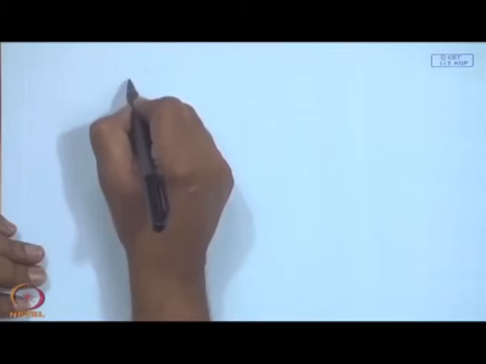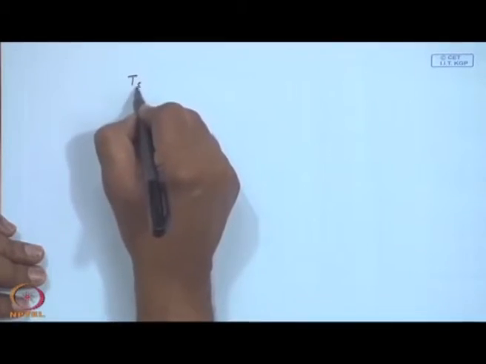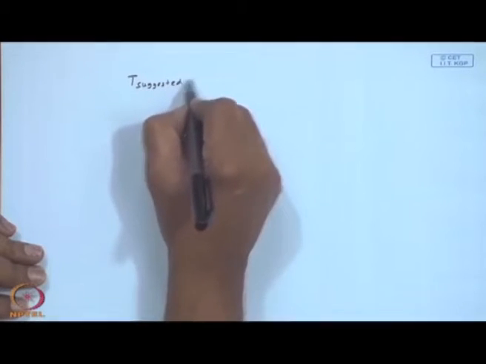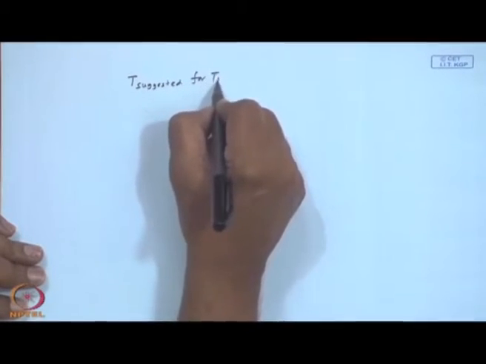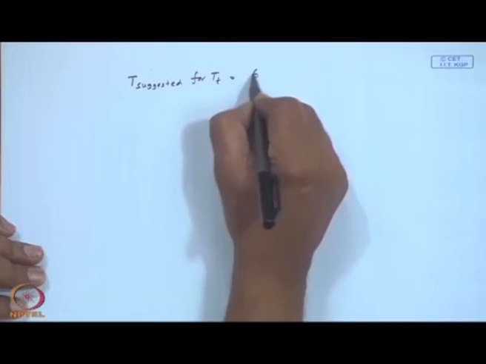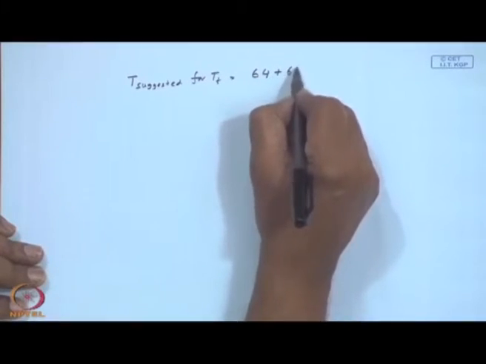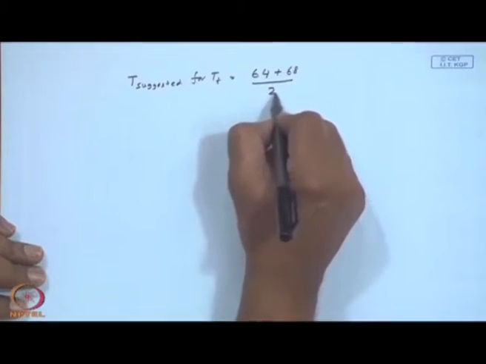So, as per the suggestion, T tank is 64 plus 68 by 2.